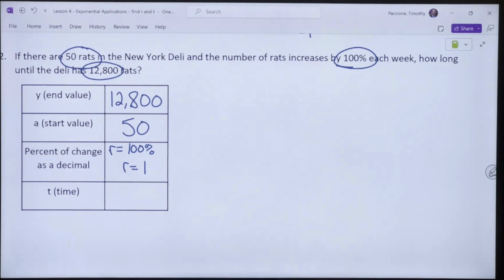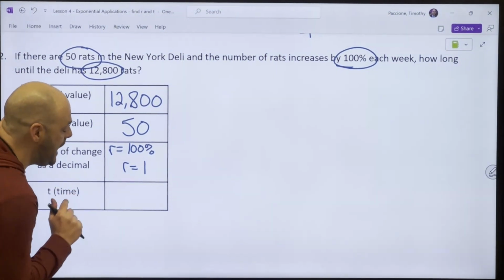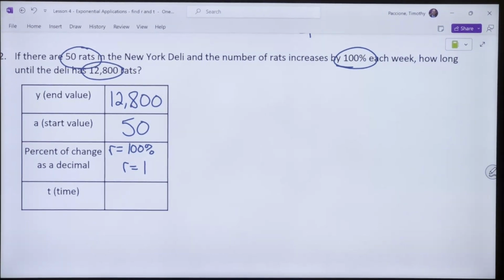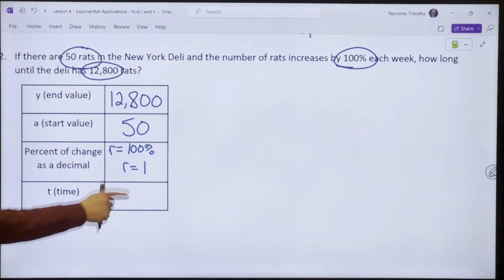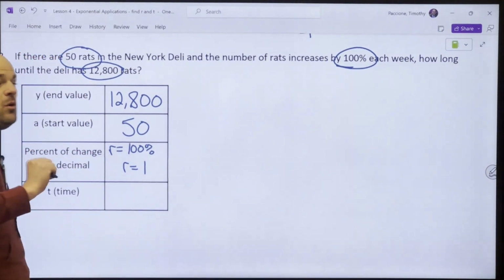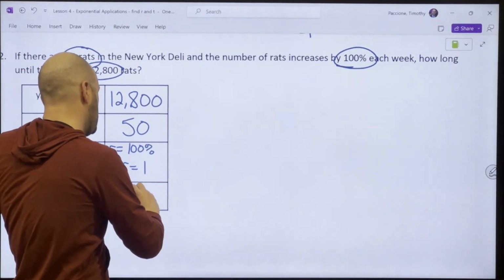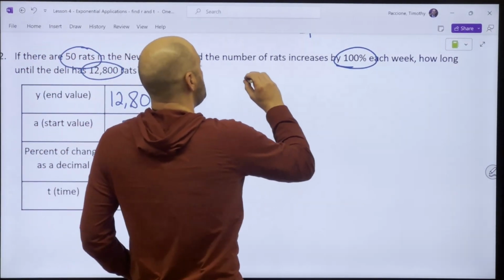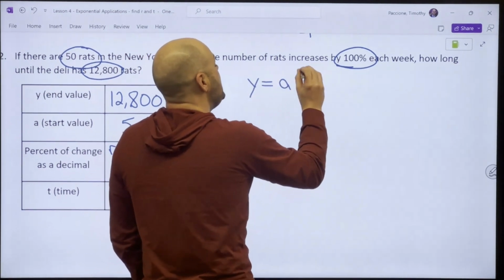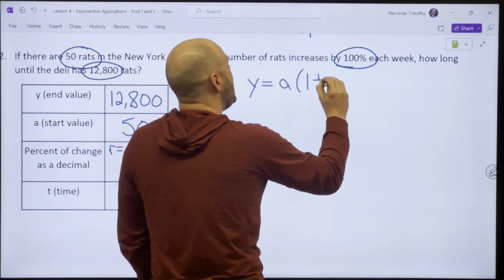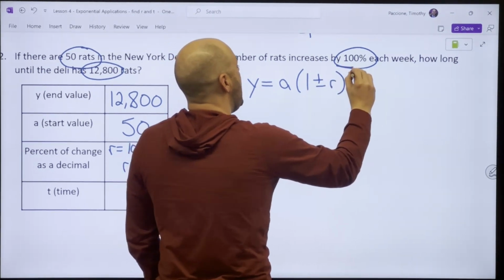Okay, what about our time? Hold that thought. What's our time? Unknown. When they say how long, or they say when, and they say something about time, that will be the unknown, right? So we don't know this. Now, our equation is y equals a times 1 plus or minus r to the x.